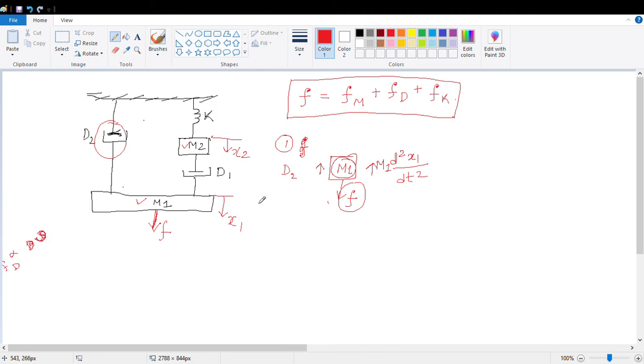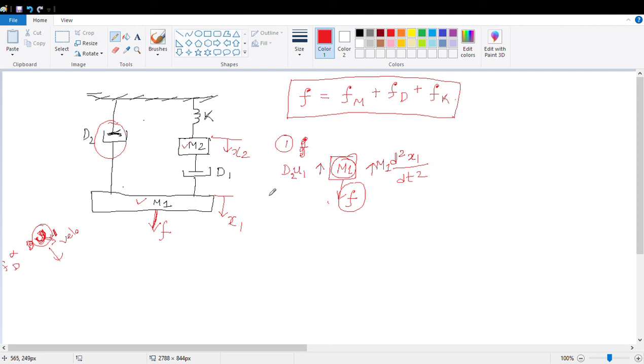I am taking the velocity as an intermediate variable u1, because if I take v, it will be a bit confusing when we go for the analogy. So the damping force will be D2 into u1.